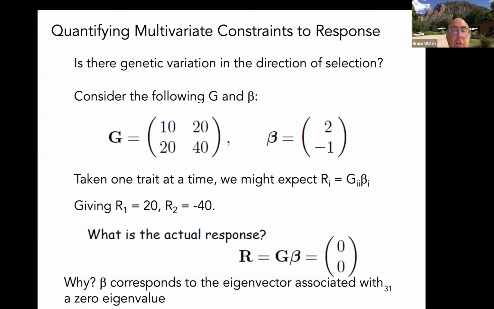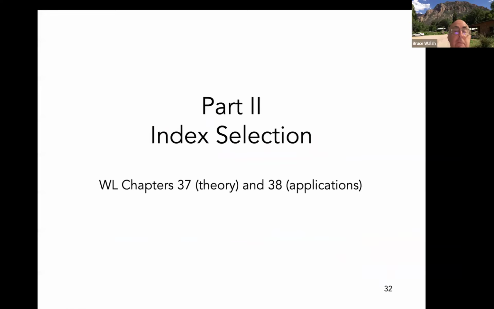There's no width in it, basically. I just picked beta to be a vector at right angles to that line. So even though I can change trait one by itself and I can change trait two by itself, I can't change them in this particular combination. So in this case, I'd get no response. And that's an example of an extreme genetic constraint.